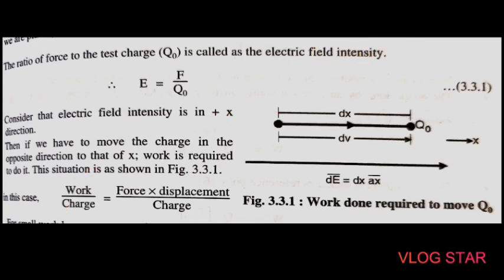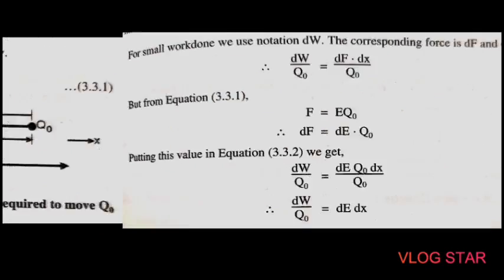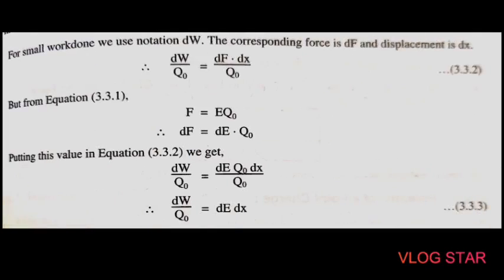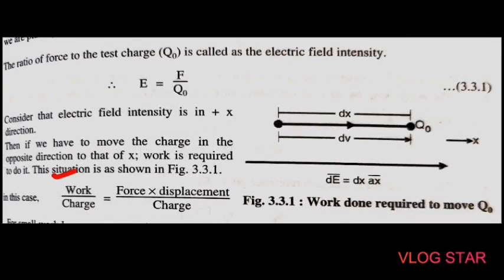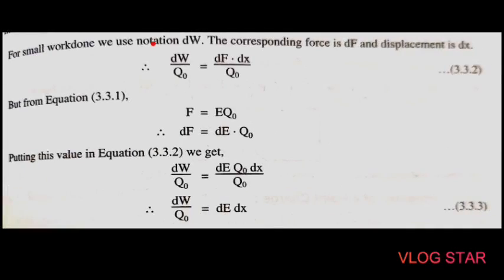For a small work done we use the notation dW, the corresponding force is dF and the displacement is dx. So instead of full W, we can write dW upon Q0 is equal to the small differential force dF into the small differential displacement dx.